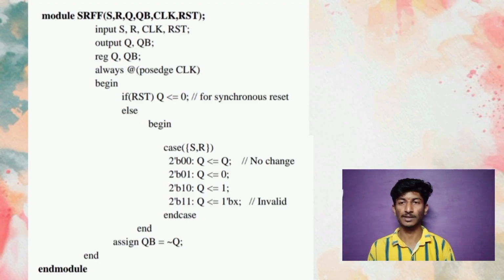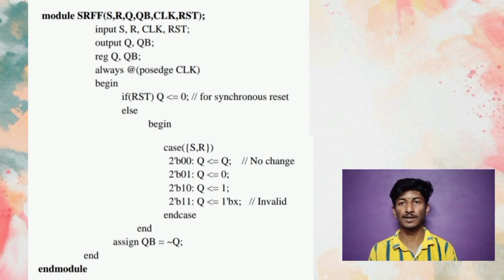We shall move to the code. The module name is SRFF and the parameters are S, R, Q, QB, CLK, RST. That means S and R are the inputs, set and reset. QB is the complement of Q, that's Q bar, and then the clock and the reset.